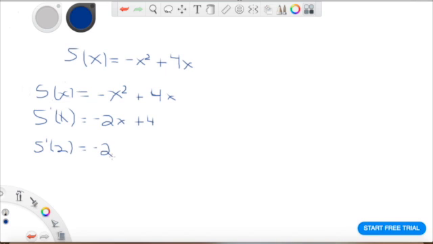So -2 times 2 plus 4. And so -2 times 2 is -4. -4 plus 4 is 0. So it asks, what does this mean? So if velocity is 0 at 2 seconds, that just means that the object is not moving.